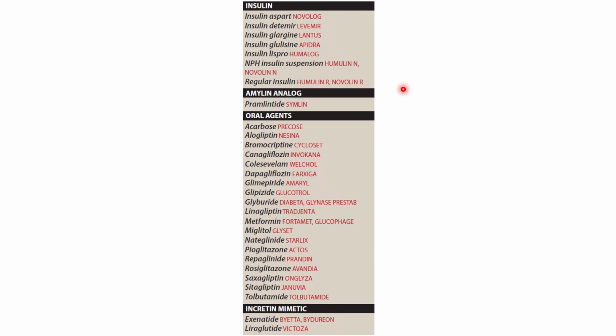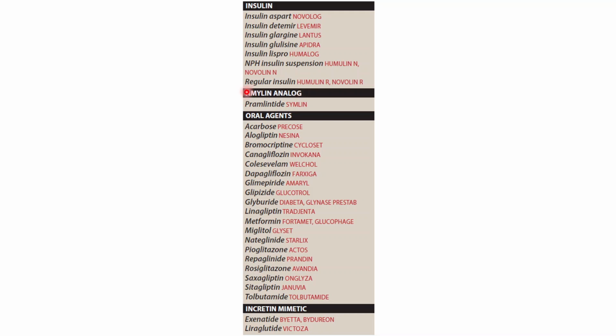The regular insulin is Humulin, and it is obtained with engineering technology, and that is why it's less prone to allergic reactions, unlike the insulin obtained from pigs or from cows.